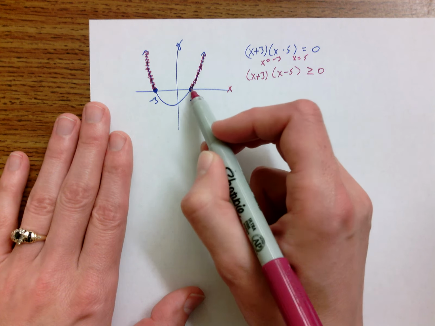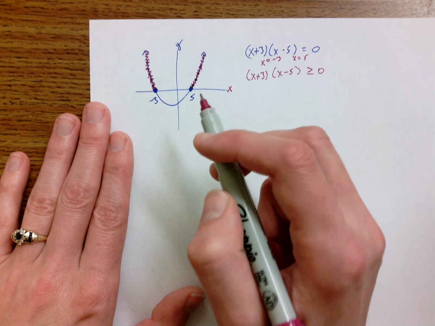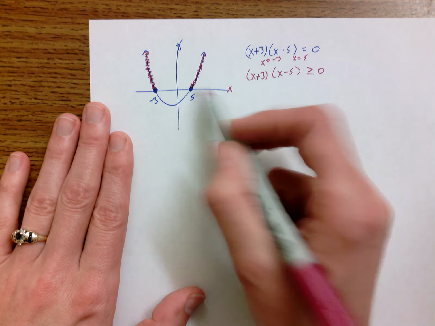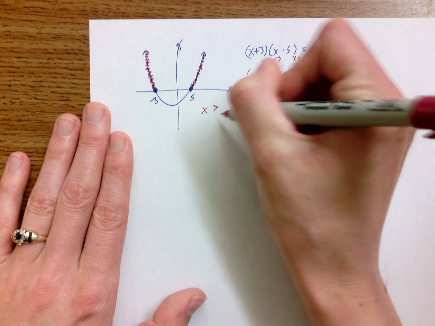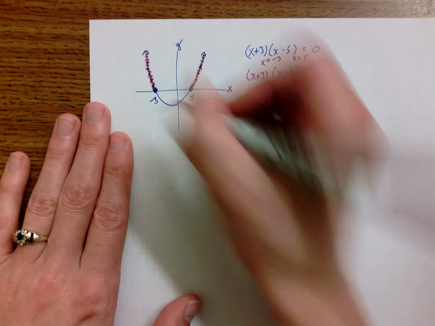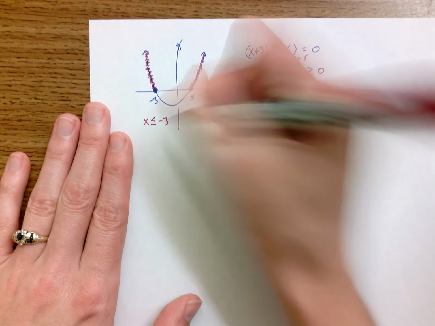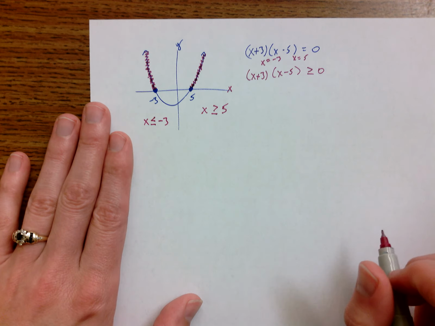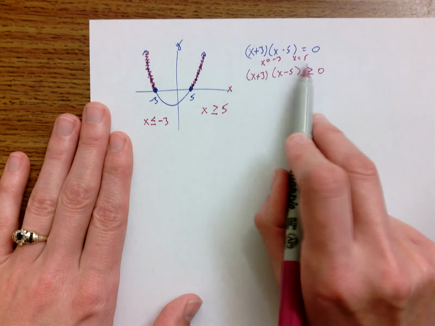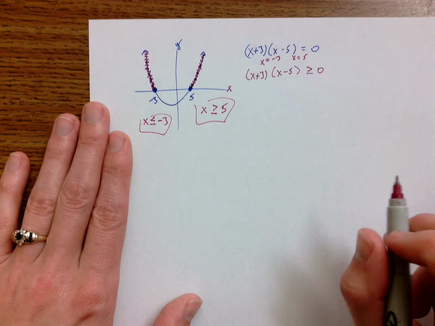I don't know exactly what they are, but here's an x value of 6, it's got a point. Here's an x value of 7, it's got a point. So these are all x values that are bigger than or equal to 5. And on this side, these are all x values that are smaller than or equal to -3. So instead of writing just x = -3, x = 5, now we're going to have these inequalities.